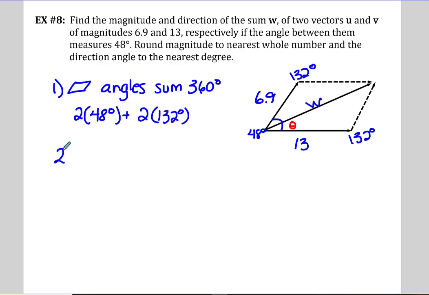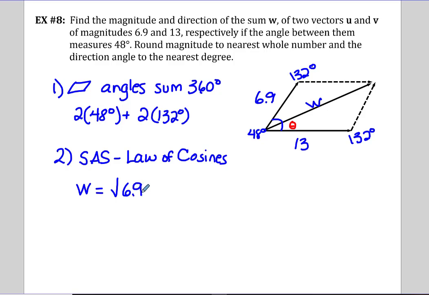And then next we know, if we use the side angle side rule from the law of cosines, we can find the length of that vector, the resultant w. So w is going to be the square root of 6.9 squared plus 13 squared minus 2 times 6.9 times 13 times the cosine of 132 degrees.